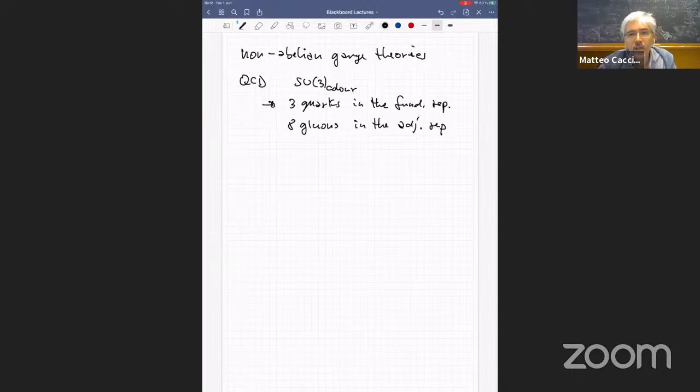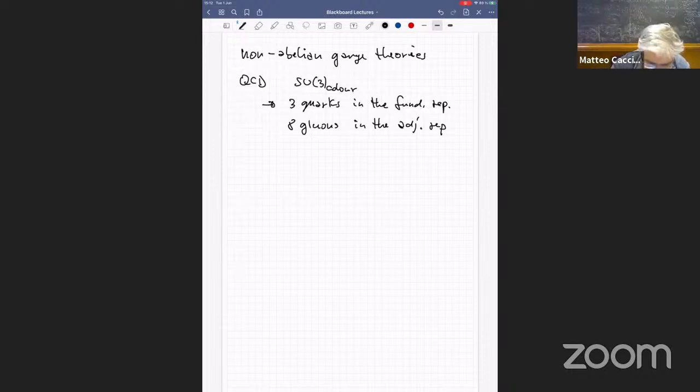The beauty of gauge theories is that once you've made a few initial choices, everything else is fixed for you. So you don't have to think anymore. You just have to find the right group, and you have to find the right representation of the group into which to put your particles. Everything else is then just turning the wheel and getting things out.